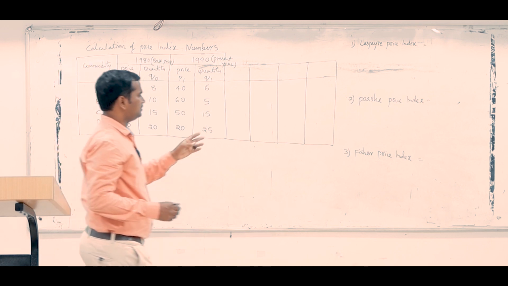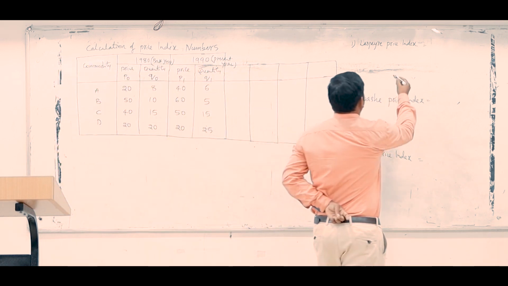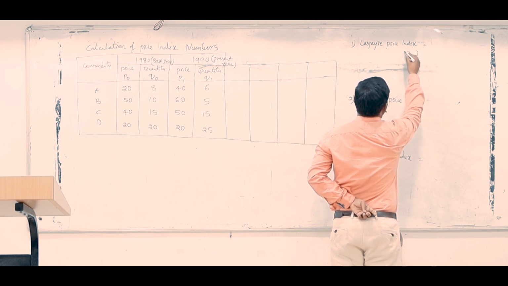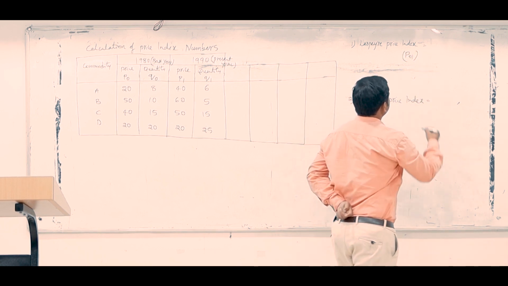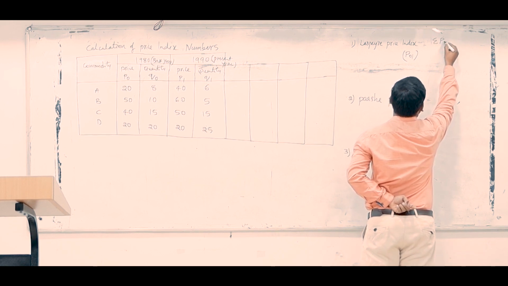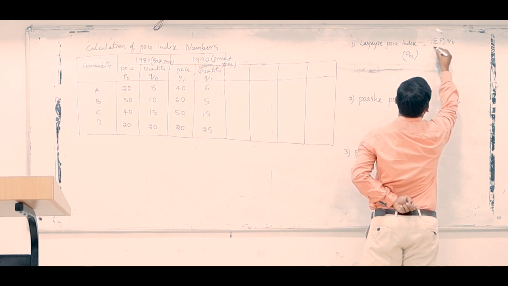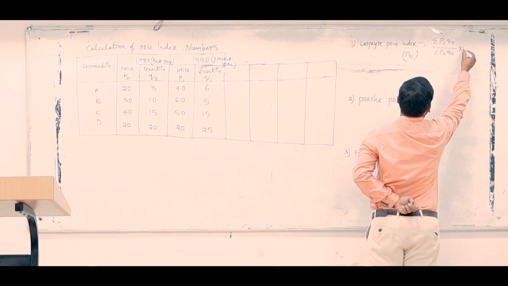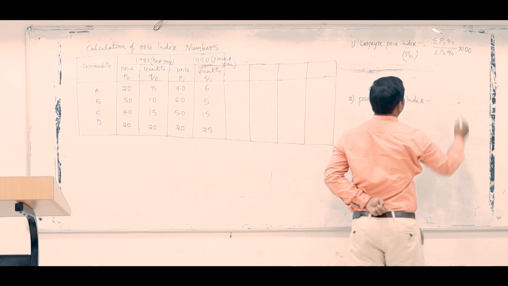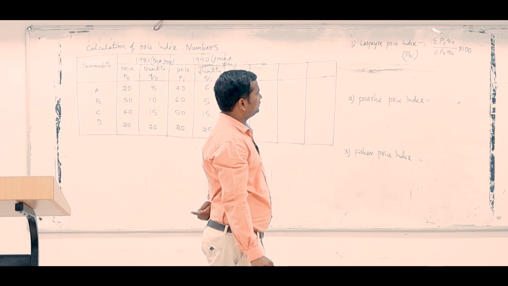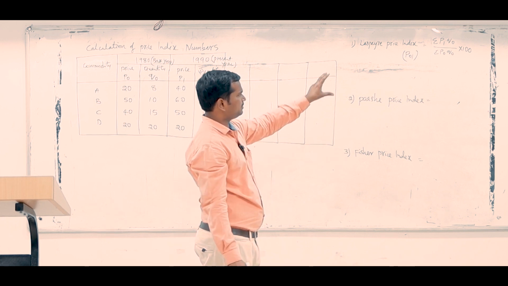Laspeyres's price index is denoted by P01, and the formula he gave to find the price index is summation P1 Q0 divided by summation P0 Q0, into 100. With that formula, he constructed the price index.